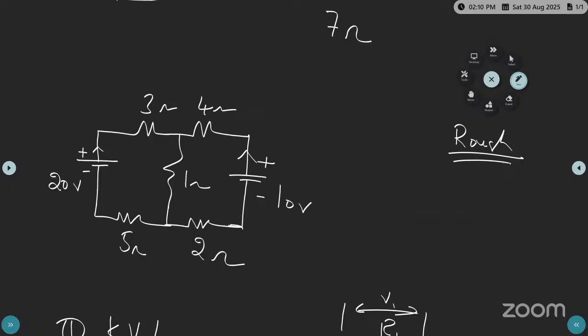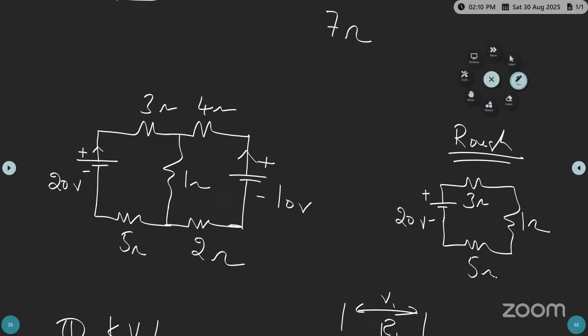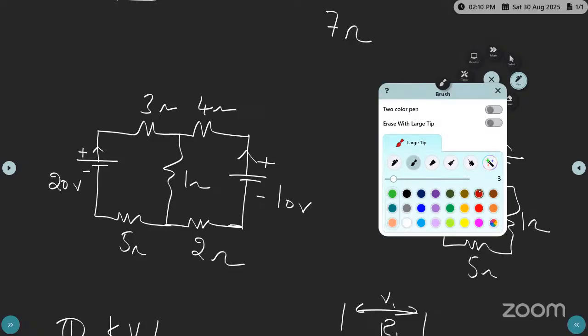So I am writing the first loop. I am starting here, traveling in the clockwise direction, and ending at this point.